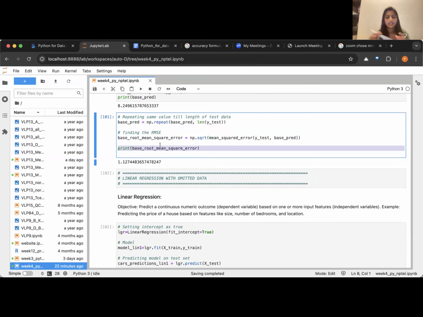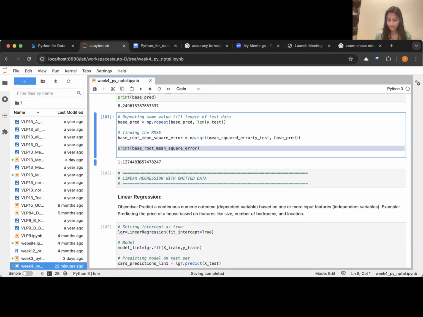It's calculated using Euclidean distances, basically the distance between where the point is supposed to fall on the line compared to where it actually falls. Its range could be anything from 0 to positive infinity. There's no particular limit for root mean square error.